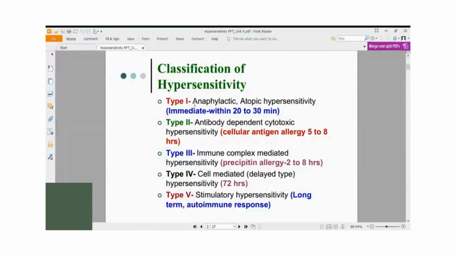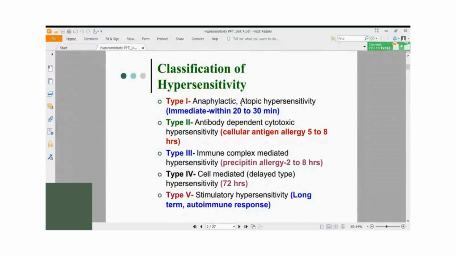And it is also called type 1 allergy. And what is atopic hypersensitivity? Atopic, both ways it can be pronounced, is nothing but the hypersensitivity which shows hereditary response, means it is passed on from one generation to another generation.